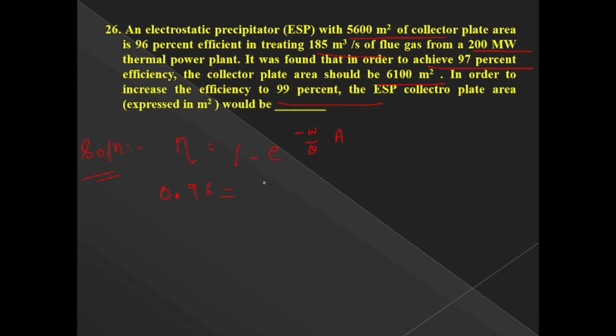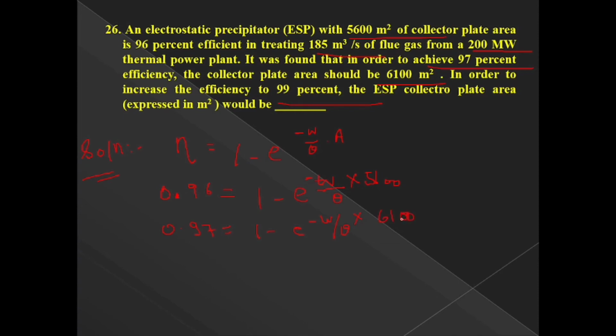0.96 is equal to 1 minus e to the power minus w by theta into area, and area is given to us as 5600. And according to 97% efficiency, it is given as 1 minus e to the power minus w by theta into area, given as 6100.